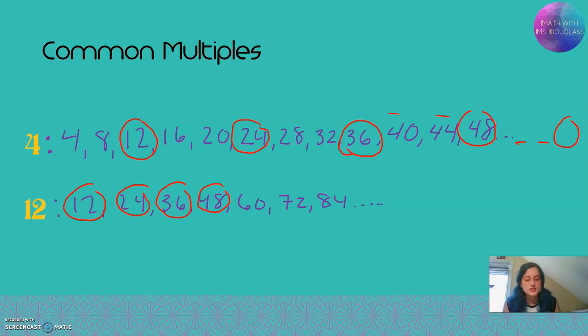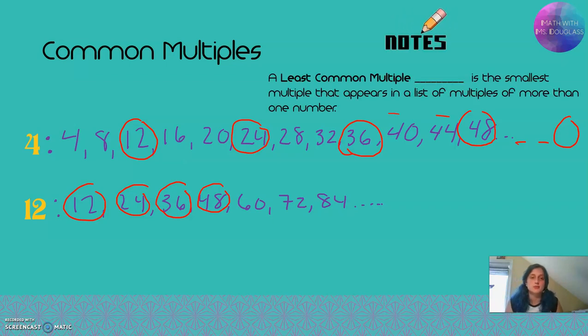What we're really focusing on is something called least common multiples, or for short, LCMs. Least means smallest, so a least common multiple is the smallest multiple that shows up in both lists. So if I were to ask you for the least common multiple between 4 and 12, well, the smallest number is 12. Now let's not be confused by this 4 right here.